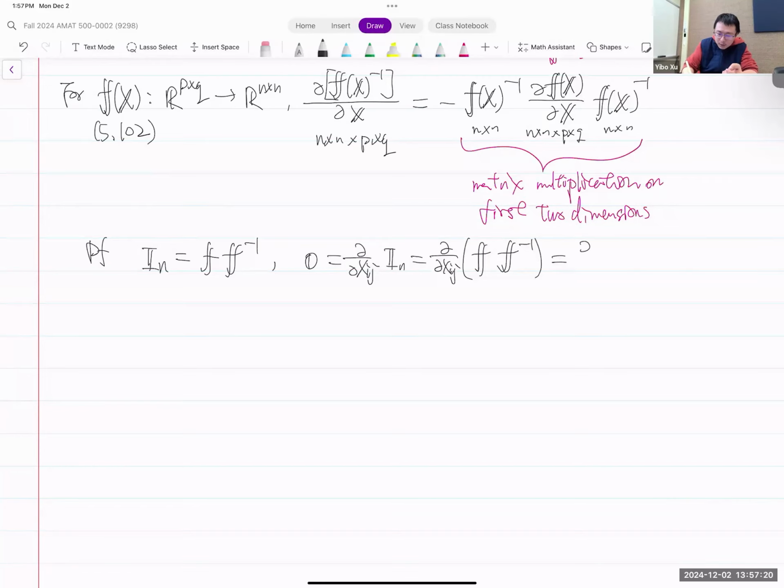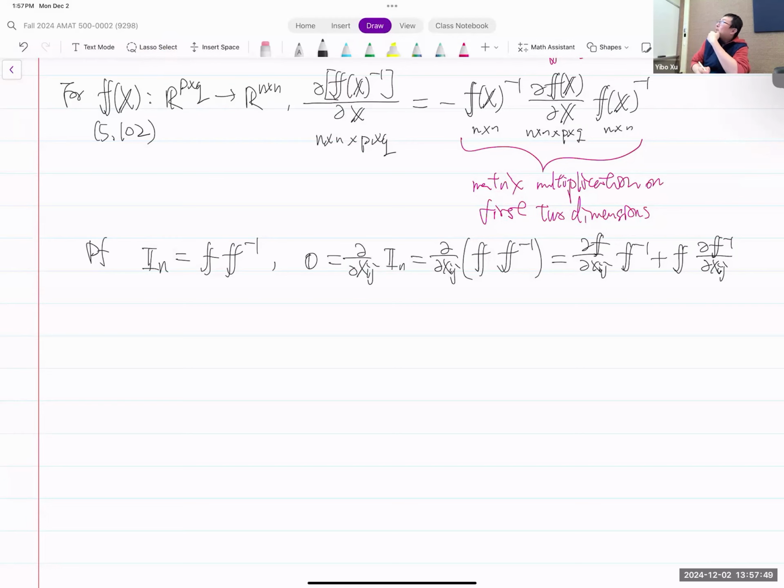So it's going to be del F del X_ij times F inverse plus F times del F inverse del X_ij, right? Make sense? And we're getting there.